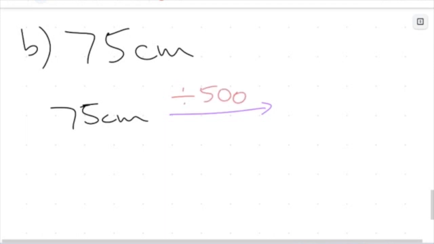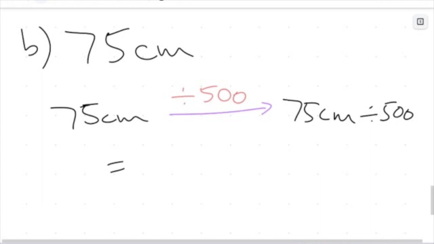I want my scaled length to be smaller. That's why I'm dividing instead of multiplying. Now, to do this, I'm going to take 75 centimeters, divide it by 500. And once again, this is going to give me a pretty small number.